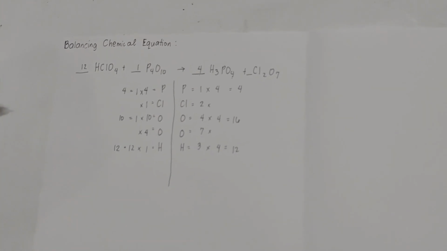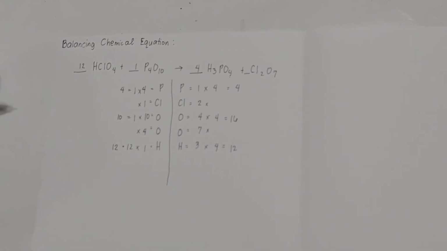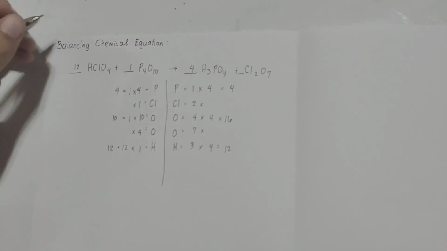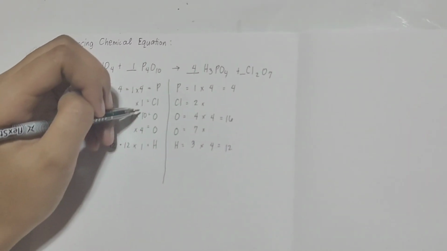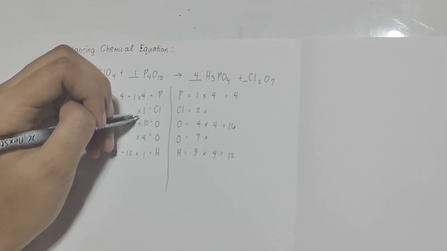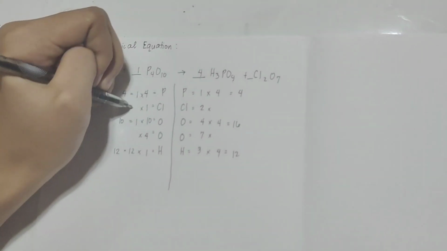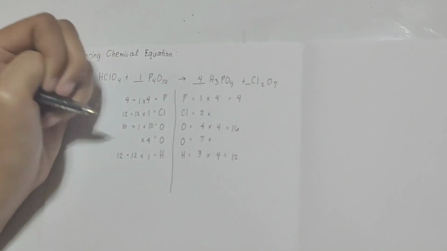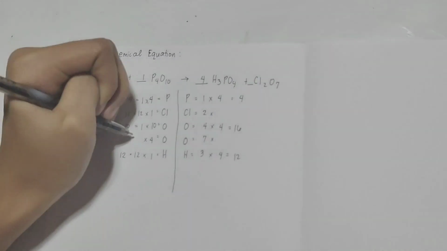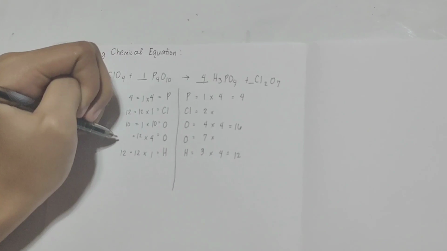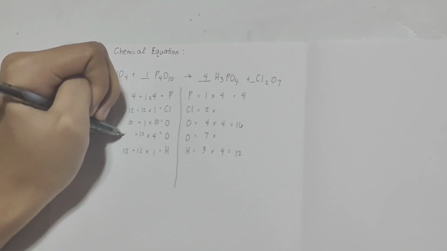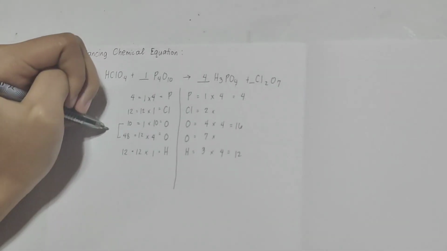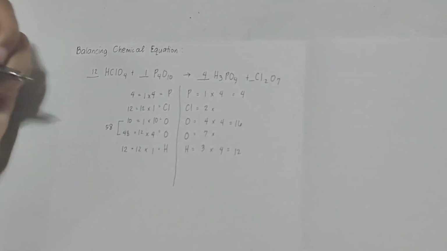Let's proceed by multiplying the same coefficient 12 to chlorine and oxygen. For chlorine, subscript 1 times 12 is equal to 12. And then for oxygen, 4 times 12 is equal to 48. So 48 plus 10 is equal to 58 oxygen atoms.